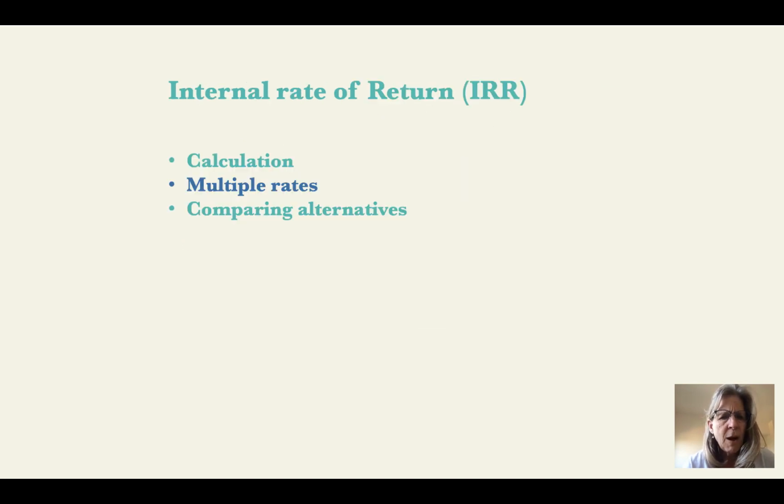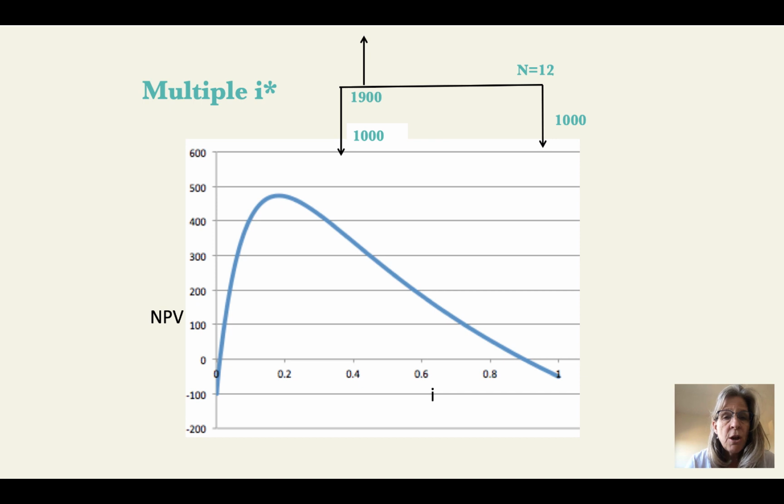Sometimes you have multiple rates, and in this case it's a little bit tricky to figure out which is the internal rate of return. For instance, this particular cash flow above returns this line where the x-axis is the interest rate and the y-axis is the net present value. You can see that there are actually two places where the net present value is 0.